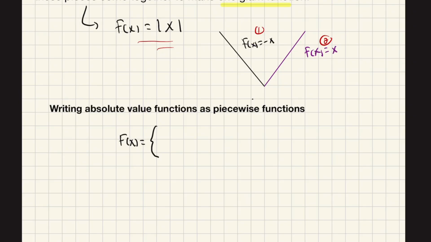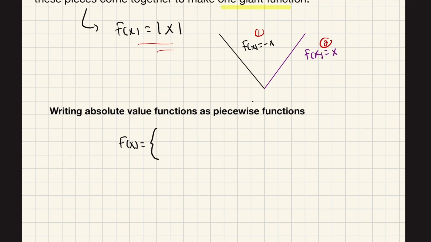So when we're writing absolute value functions as piecewise functions, we follow their general nature, which we could see from the graph. And so we'll express it like this. f at x is equal to x when x is greater than or equal to 0. So from here to there.